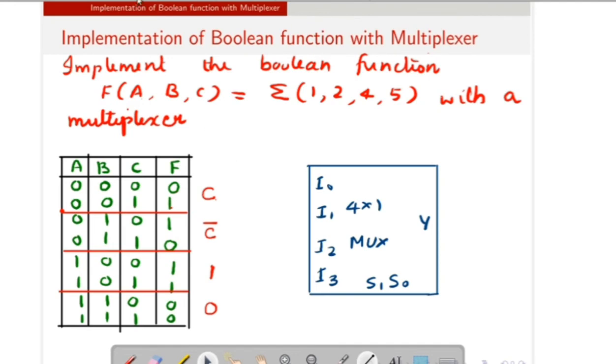We can mark the inputs and outputs: output Y, the 2 selection lines, then the inputs. It selects I0 when the selection line is 0 0, and then the input is C. So here we have C. Then when the selection line is 0 1, C bar, that means complement of C.